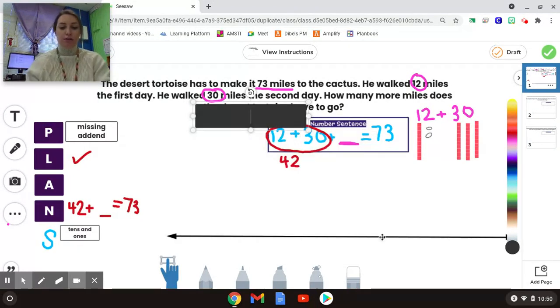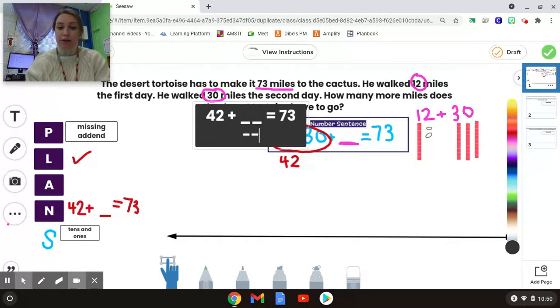So the first one is 42 plus something gives us 73. Well, that's the one that we already have. That doesn't help us. Okay, what about this? Something plus 42 gives us 73. That didn't really help.